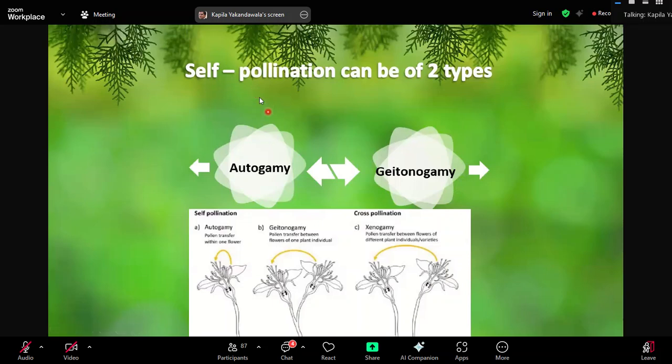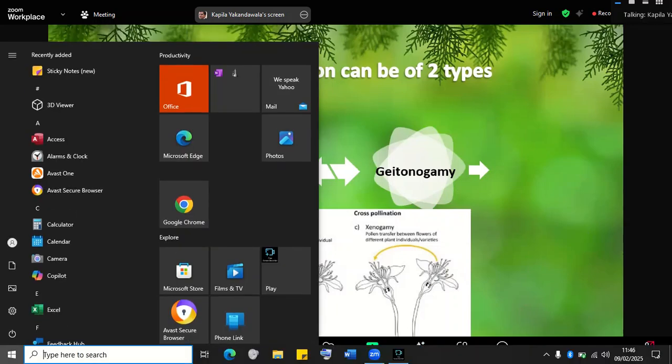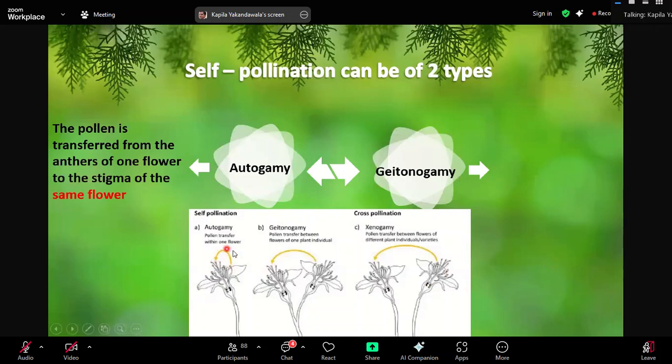If you look at self-pollination, it can be of two types, autogamy and geitonogamy. What is autogamy? Pollen transfer within the same flower. As you can see here, if pollen transfer happens within the same flower, you call it autogamy. What is geitonogamy?